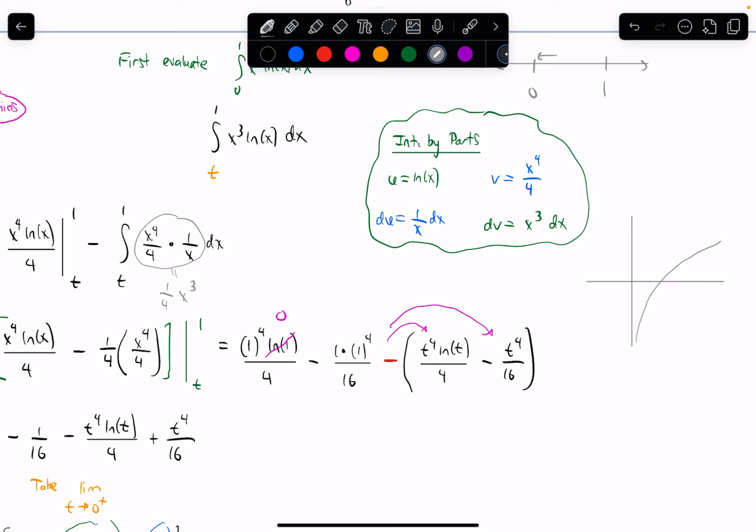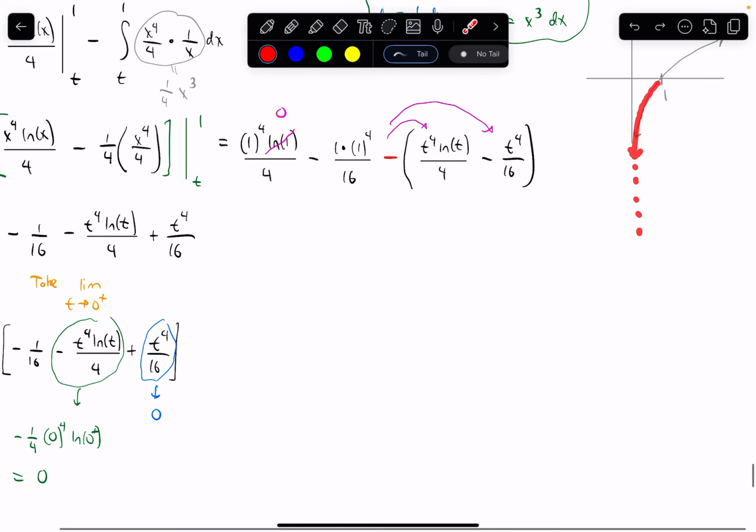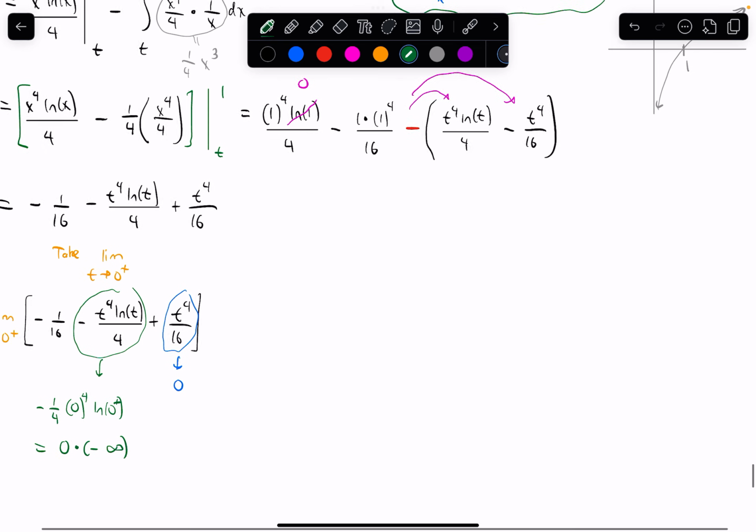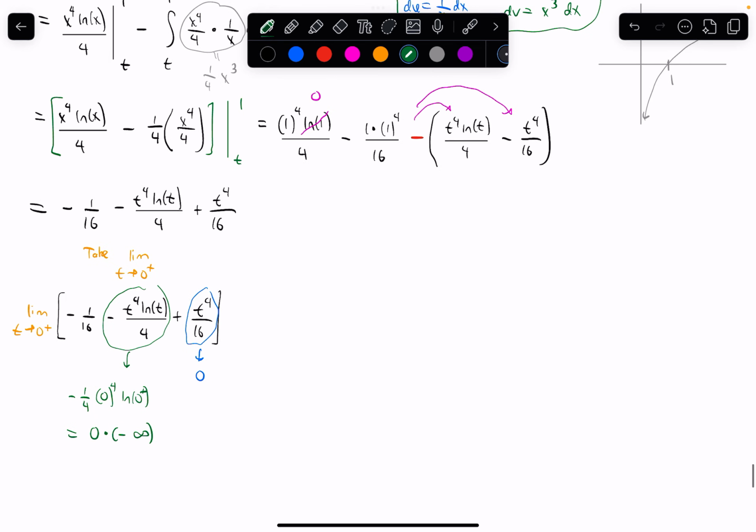The graph of ln looks something like this, where the x-intercept is at 1, but as the value of t approaches 0 from the right, that's this part of the graph. And there, the y values are getting lower and lower and lower. They're going to negative infinity. So ln of 0 with a little plus sign is negative infinity. So I'm getting 0 times negative infinity here.